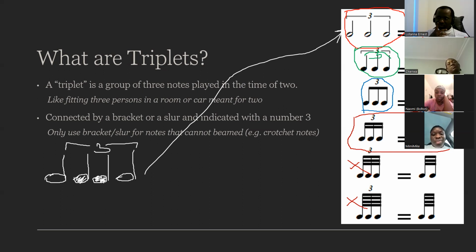Yes, because what matters is not the number 3. What makes a triplet is 3 bits performed as 2 bits. Those 3 bits could be anything, as long as when you did your counting, they are 3 bits and they are together, and once you count them as 2, it still completes the time signature.